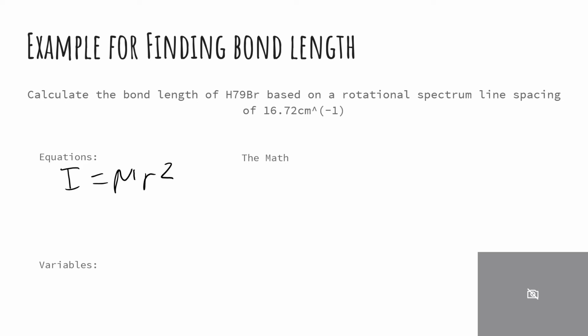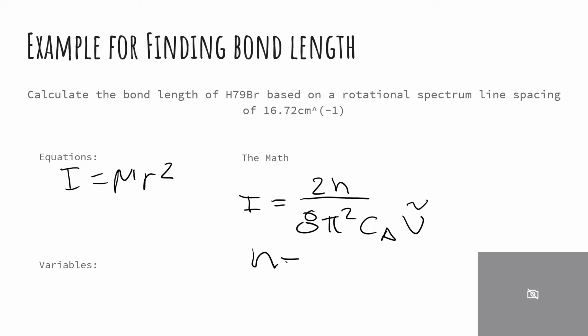The inertia is found by moving around the variables and finding the separation of lines in a rotational spectrum, which leads to this following equation. h is equal to 6.626 times 10 to the negative 34 joule seconds.